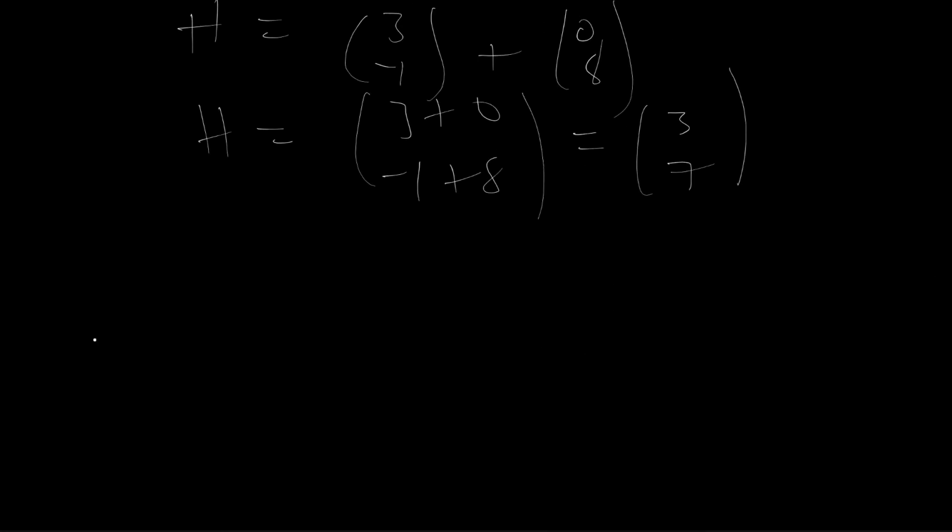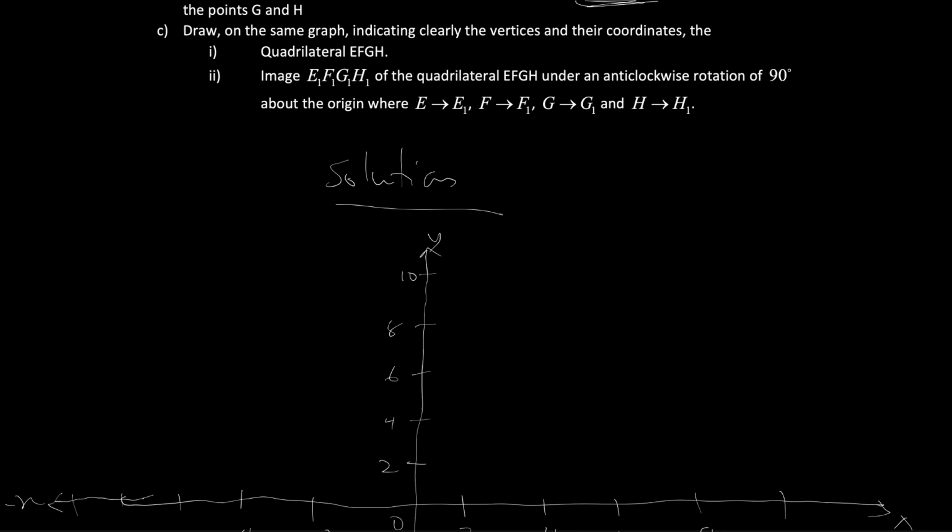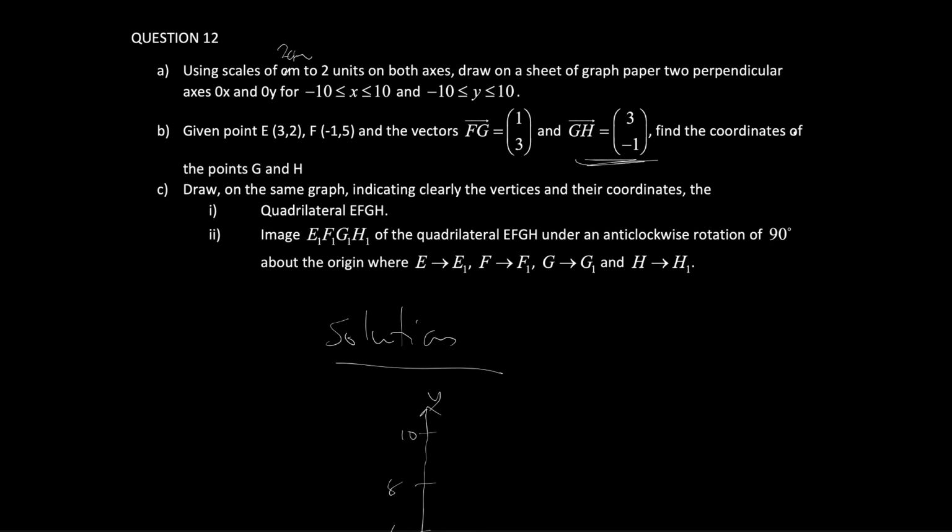Now moving on to C. C says, draw on the same graph indicating clearly the vertices and their coordinates, the quadrilateral EFGH.